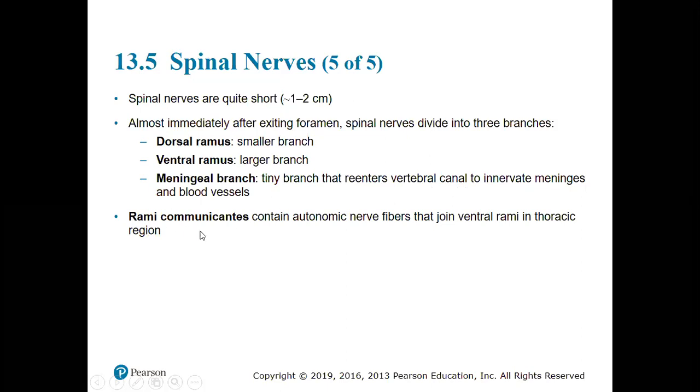In terms of the rami, I've looked up the pronunciation, and yes, it sounds like rawmee, and that's the way it's pronounced. The rami communicantes contain autonomic nerve fibers that join the ventral rami in thoracic regions.